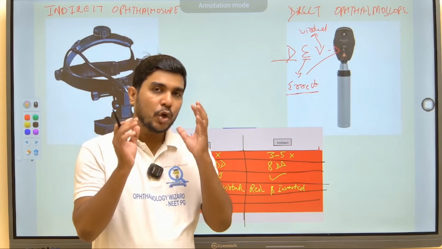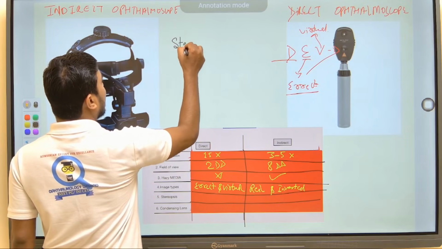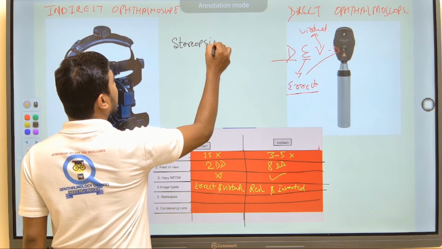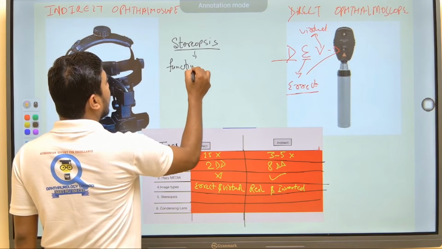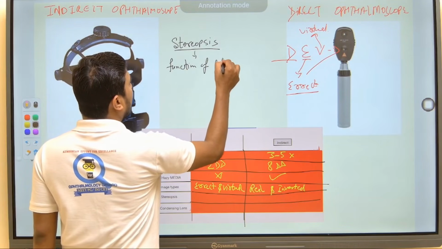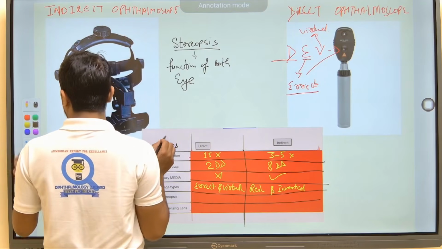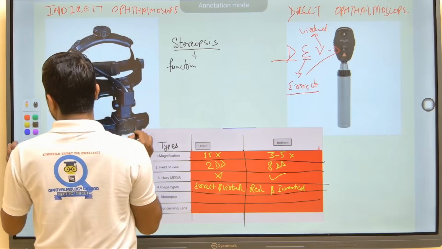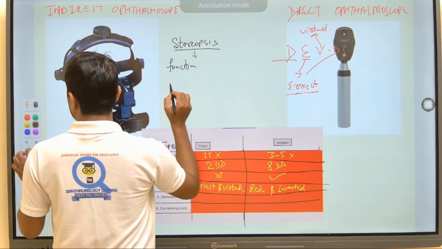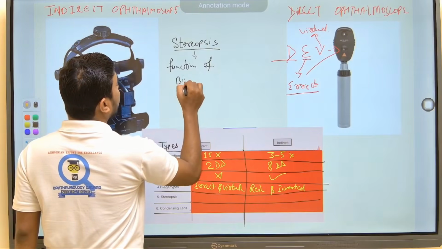Stereopsis, let me tell you, is a function of binocular vision.